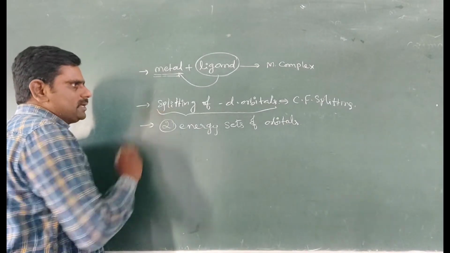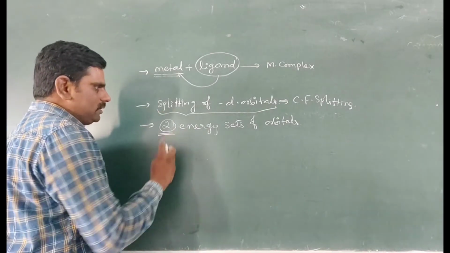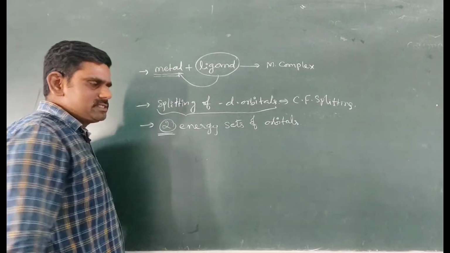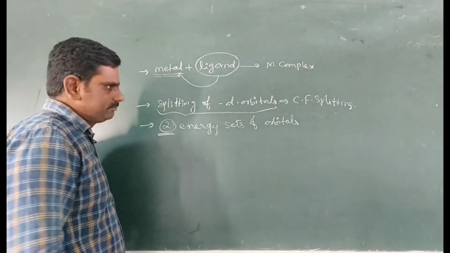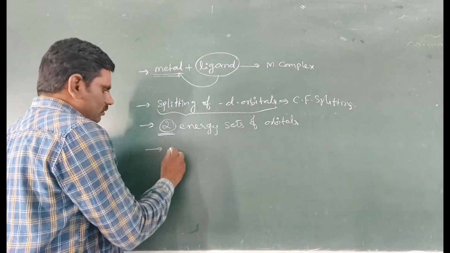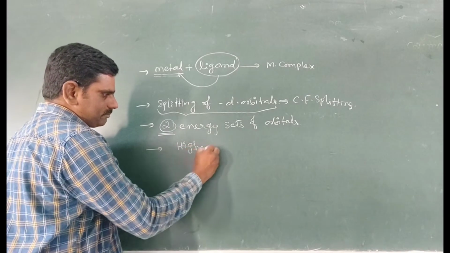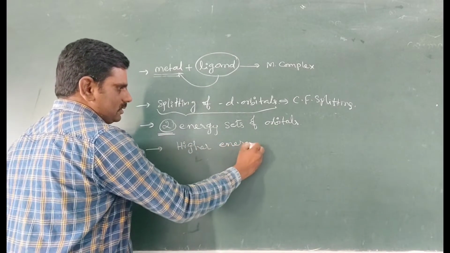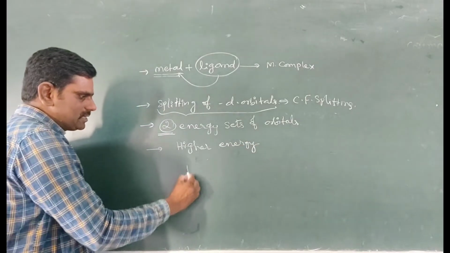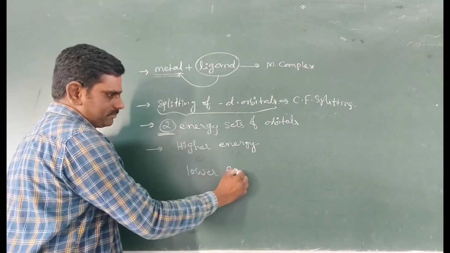So due to the splitting of the orbitals, 2 different energy sets of orbitals are formed. One set of orbitals has higher energy. The other set has lower energy.